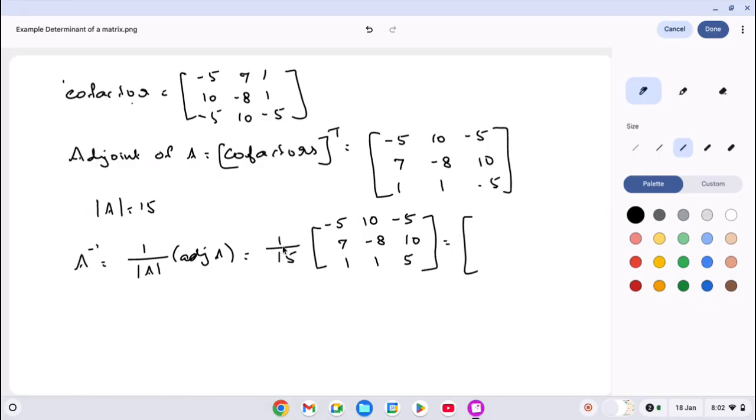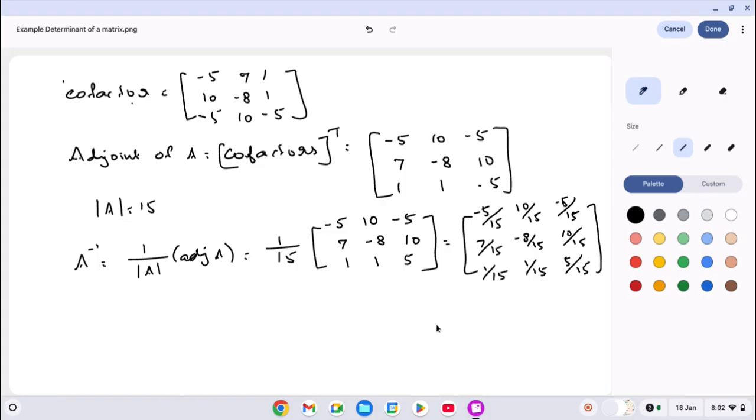So if you multiply this 1 by 15 to each and every term, we get minus 5 by 15, 10 by 15, minus 5 by 15. Likewise 7 by 15, minus 8 by 15, 10 by 15. Likewise in the third row, 1 by 15, 1 by 15 and 5 by 15.